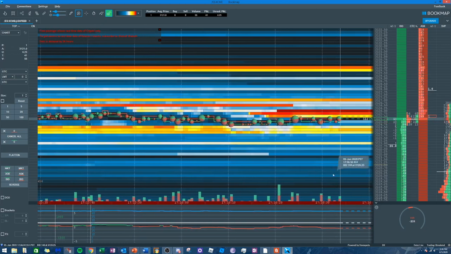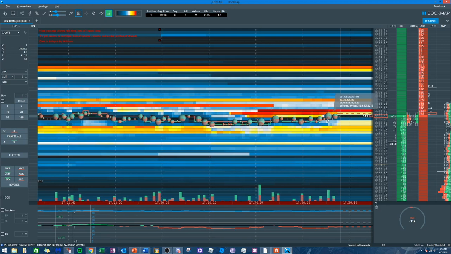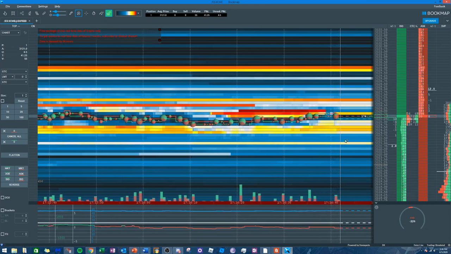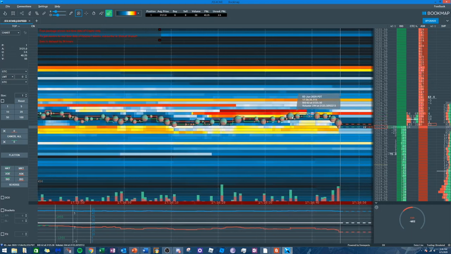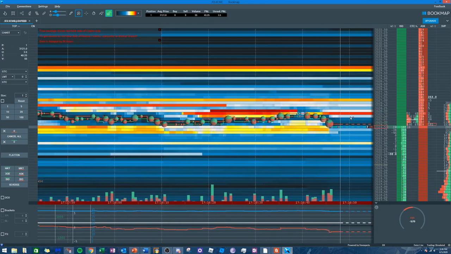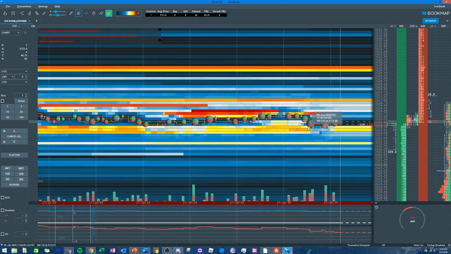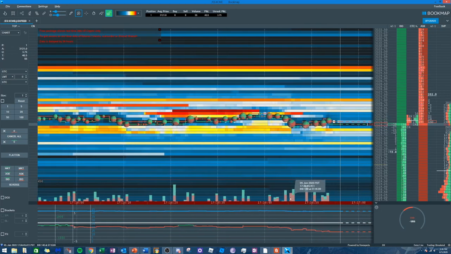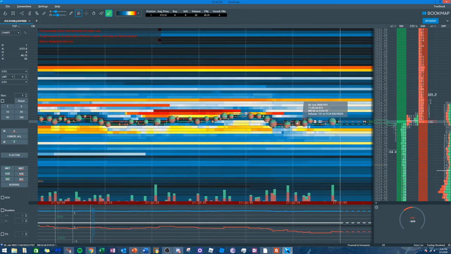You see the volume dots right here, and the green and the red show the relationship of the number of buy orders versus sell orders. You can see a really big dot right here, and it correlates with the volume down here, showing significantly higher volume than some of these other trades that have been going on.